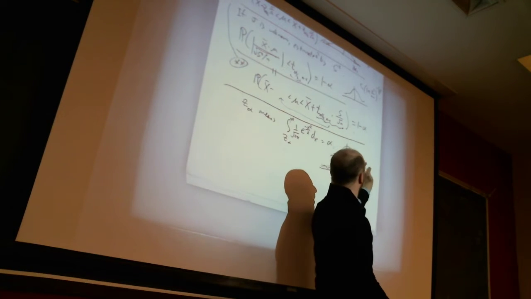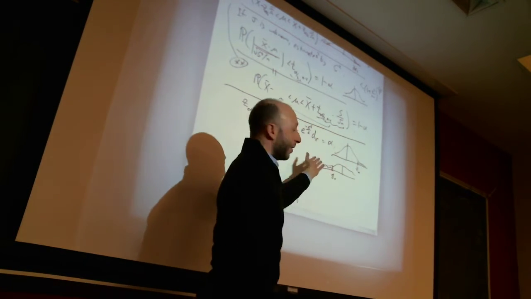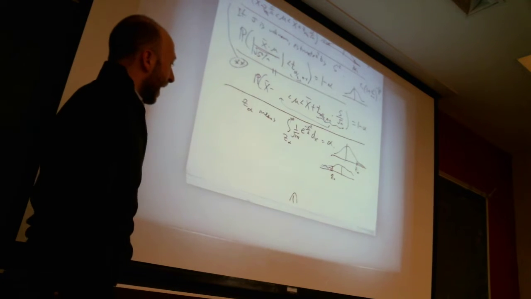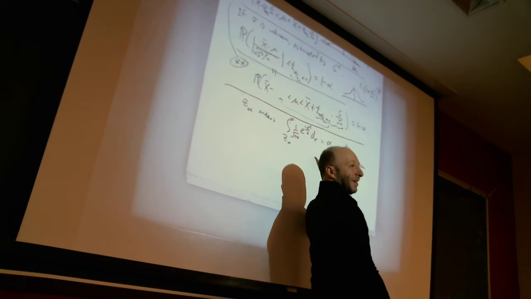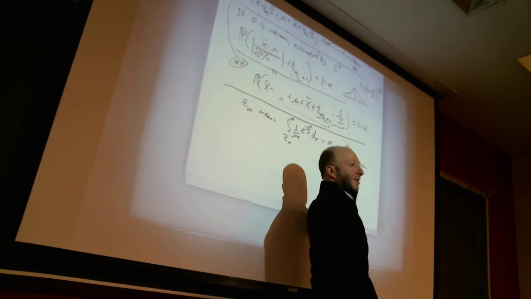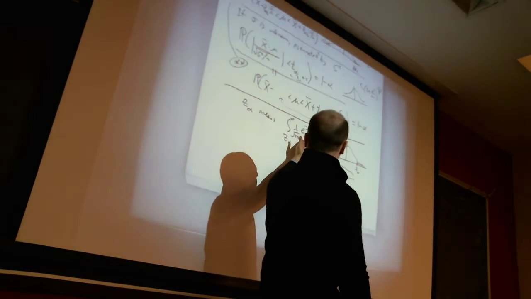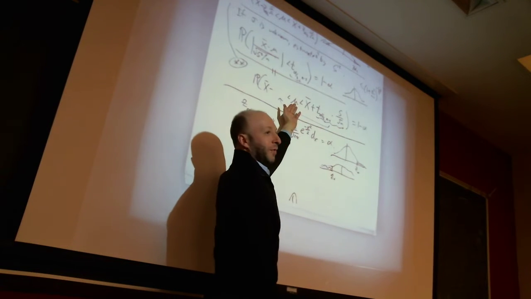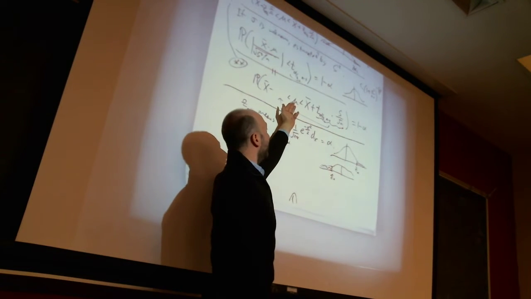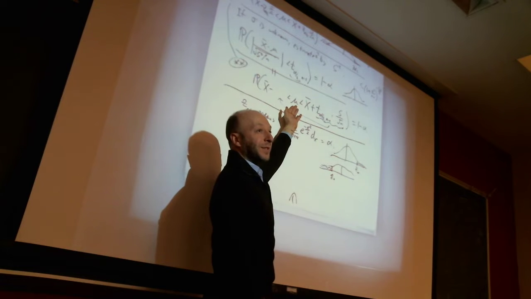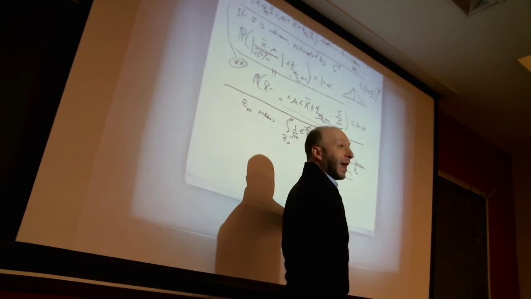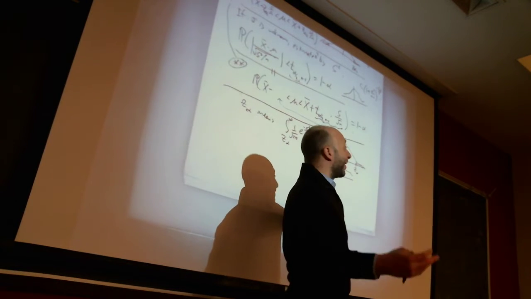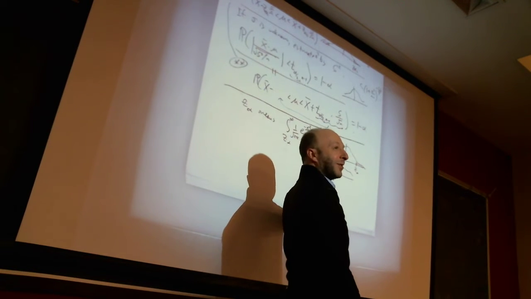I don't know why I drew it on that side. I guess I drew it on that side because our other example was a one-sided confidence interval instead of a two-sided confidence interval. And I was thinking of, if you're an insurance company and mu is your expected payout from claims. Well, if you have to pay out too few claims, that's great, that's profit. That's not a catastrophic loss.